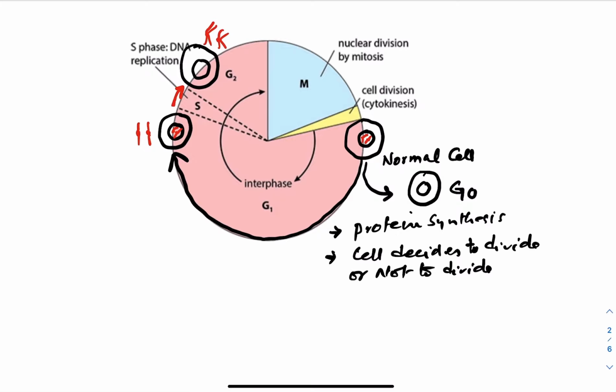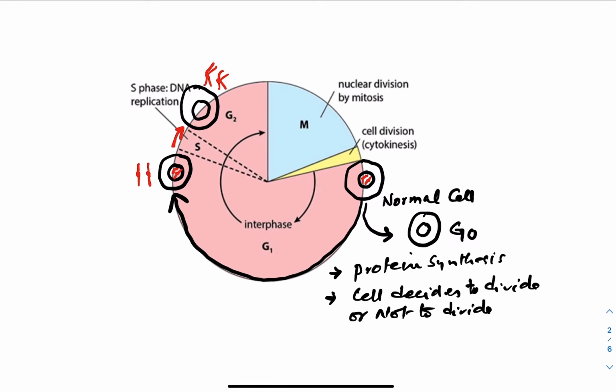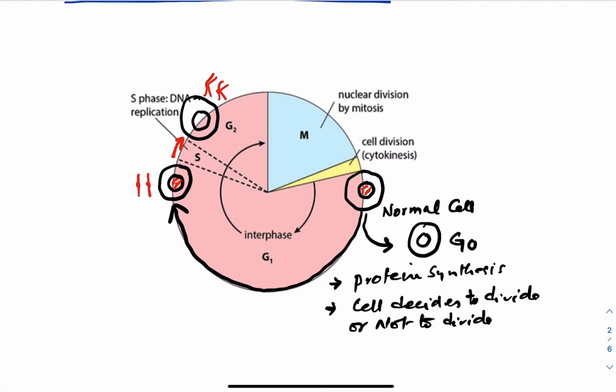At the end of G2 phase, during this G2 phase, the cell repairs the damaged DNA. So repair of the damaged DNA takes place. Duplication of centrioles takes place.